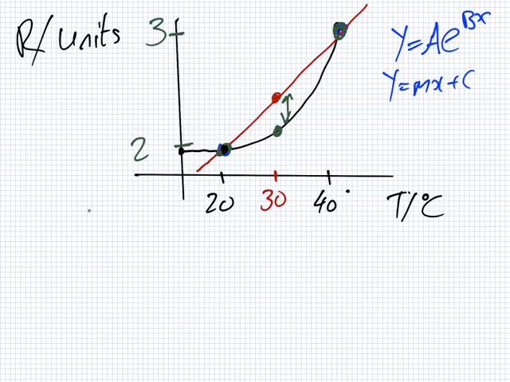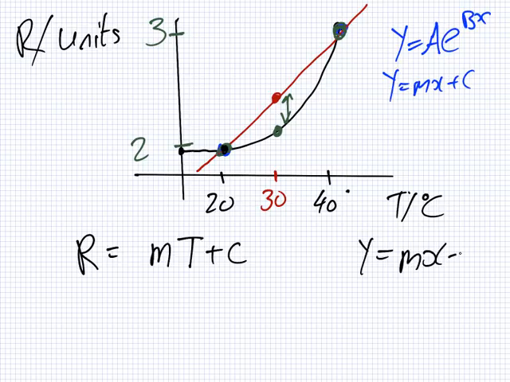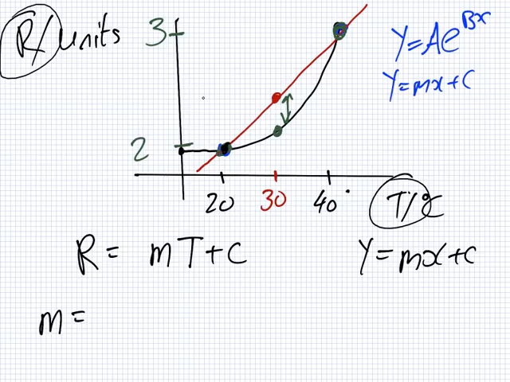It shouldn't take you too long to do. So we have R equals mt plus c, which is just like y equals mx plus c, because this is the x and this is the y. To find the m, I need 2 points. This point is the point 20 and 2, and this one is 40 and 3.